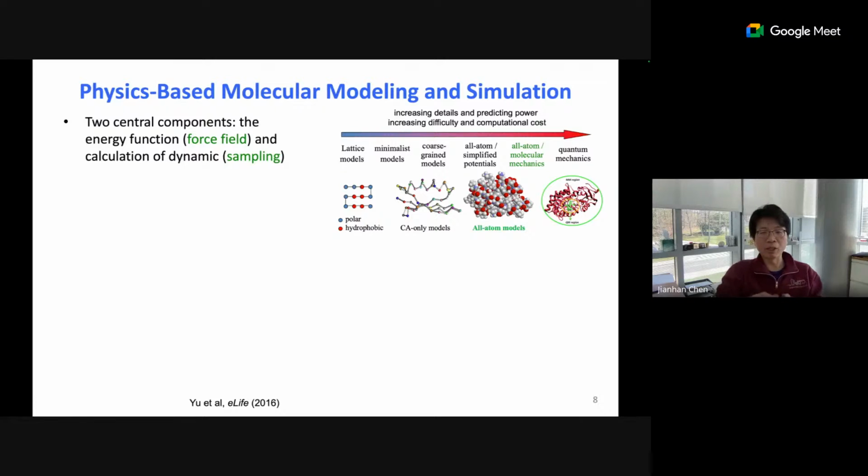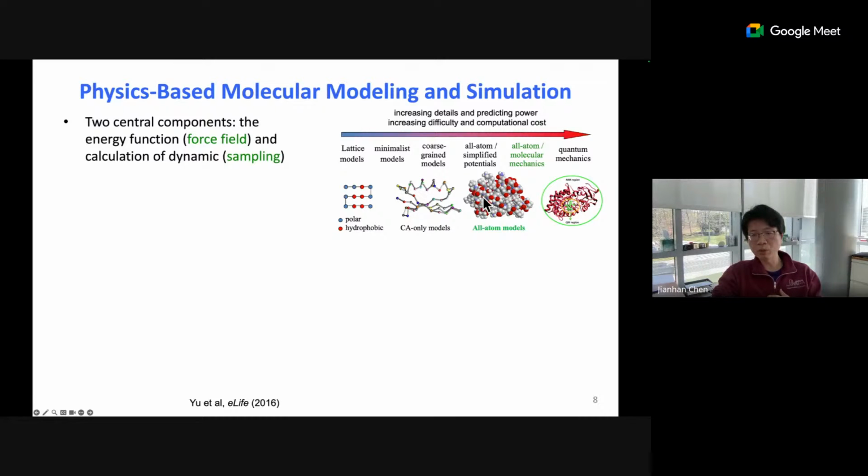Imagine that you have a protein sequence, and you only classify your residues as either polar or hydrophobic. This so-called HP model in early days actually taught us a lot about how natural proteins fold, and it led to the funneled energy landscape theory, which is what we believe is the mechanism by which proteins fold.